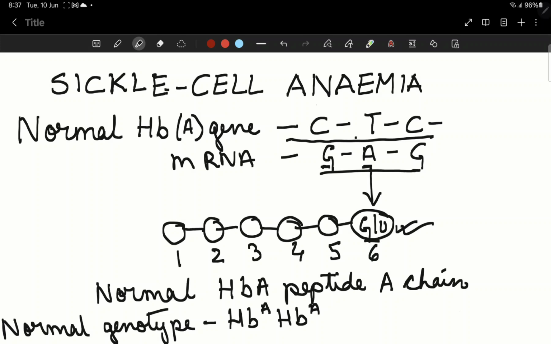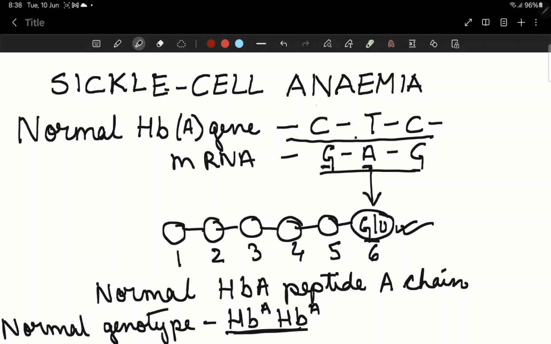So the normal genotype for this will be HBA and HBA. This is the pair which is present in a normal person. Here I repeat myself, the gene which codes for the normal polypeptide chain is GAG, and here the A, that means the adenine, is coding for the glutamic acid.